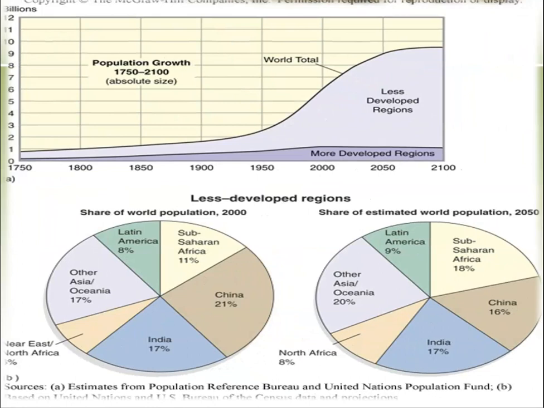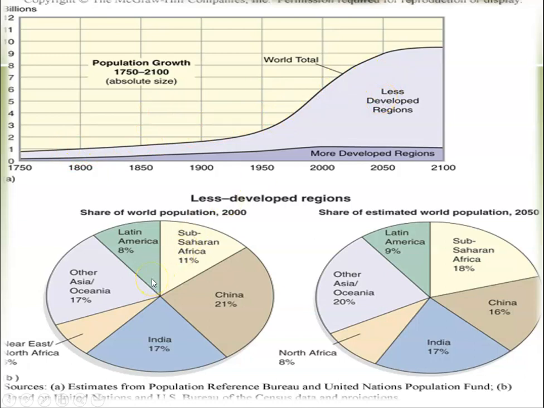Here we can see the population growth. This is the population of the less developed regions, and this is the population of the more developed regions, and this curve shows the total world population.